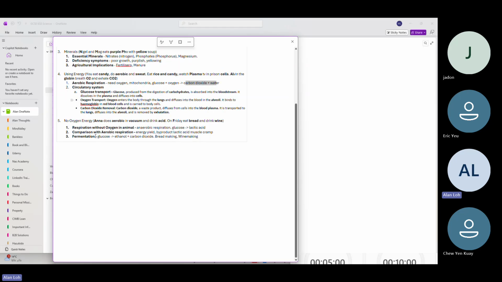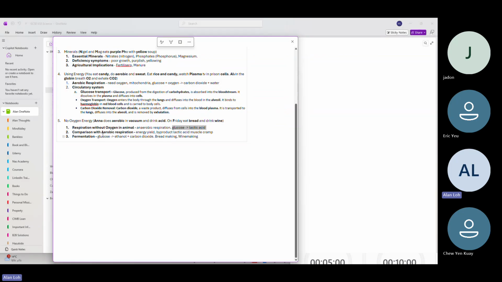Then, no oxygen energy. What does it mean? There is another type of respiration that doesn't need oxygen. It is anaerobic respiration. How does it work? It will be explained in steps 3, 4, and 5. But for now, it's something related to glucose turned into lactic acid, and this is for animals.